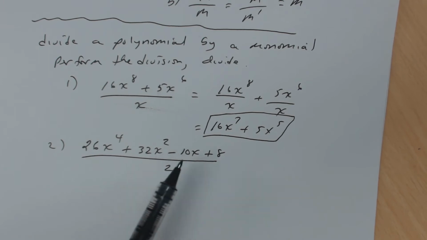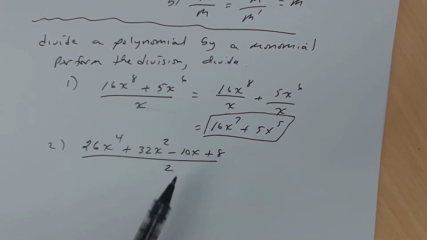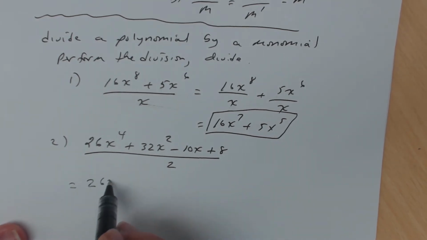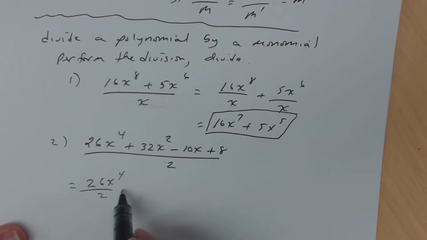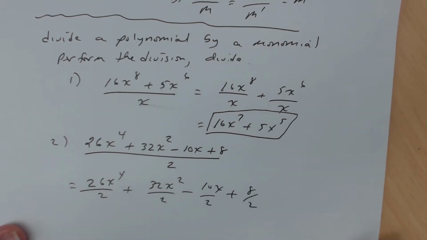That's the easy kind. You're going to write it as separate fractions, and then you're going to simplify. So this can become 26x to the fourth divided by 2 plus 32x squared divided by 2 minus 10x divided by 2 plus 8 divided by 2.